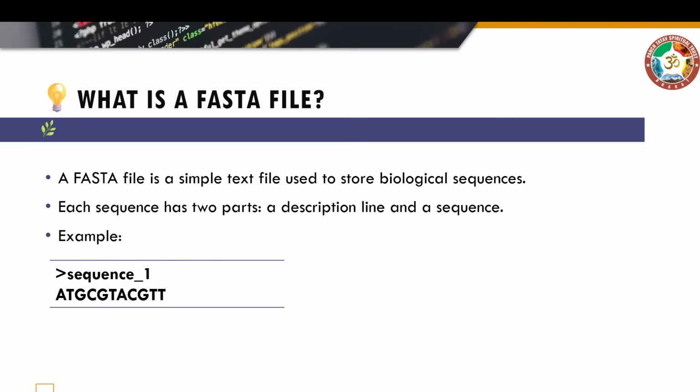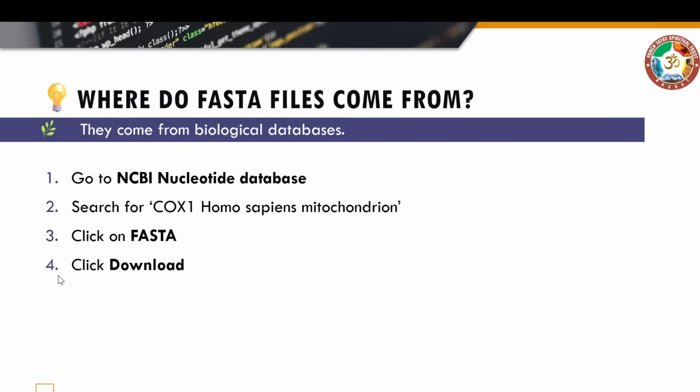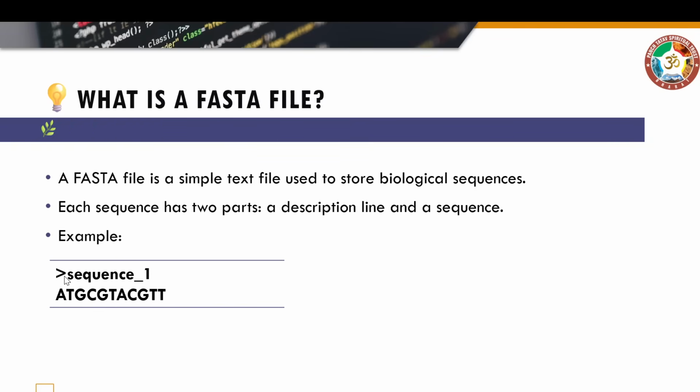Let's understand what these two lines mean. A FASTA file usually starts with a greater than symbol. Whenever you see a greater than symbol at the start of a file, that means the file is a FASTA file. This is how you recognize a FASTA file.